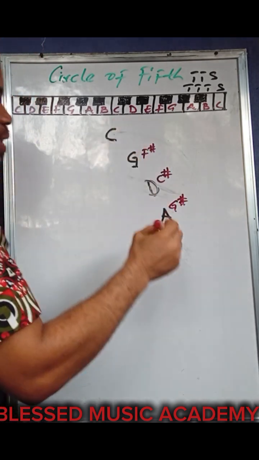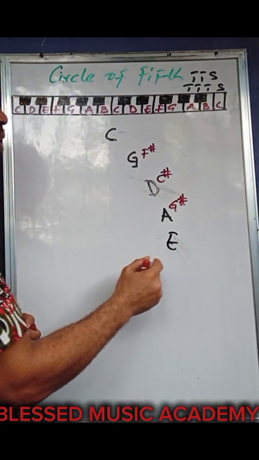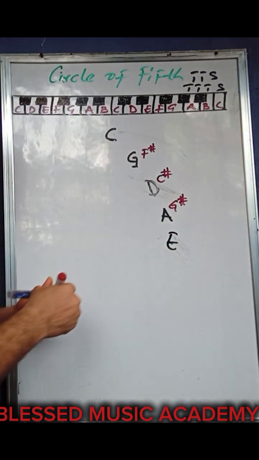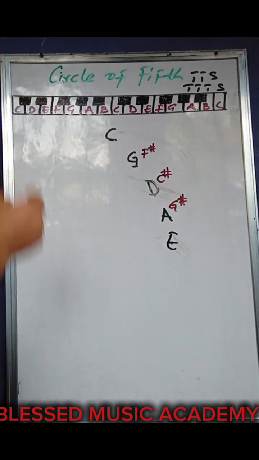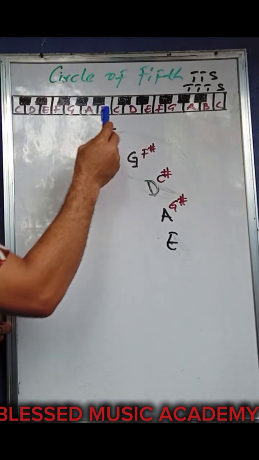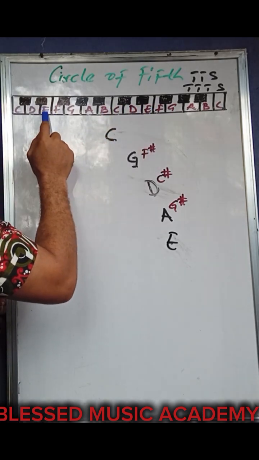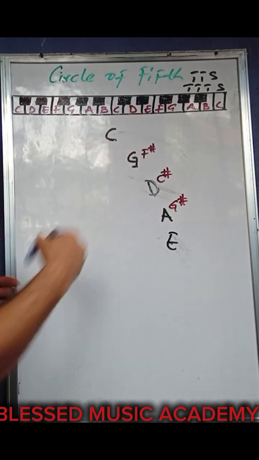Even though it's not really a circle, just follow me. So what is the key that should be sharpened in E? Move back. It is your D. You just count from E, your seventh: 1, 2, 3, 4, 5, 6, 7, your D.